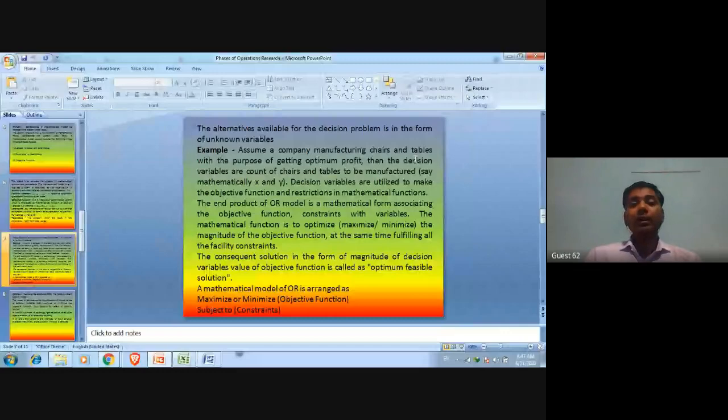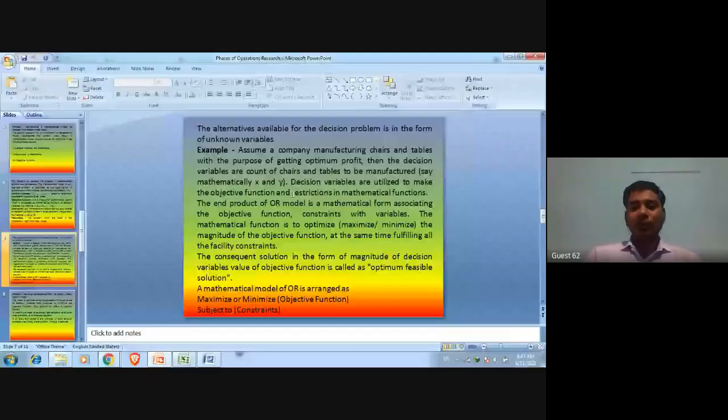I think I have also told you this example somewhere. The decision variables are the count of chairs and tables to be manufactured, say mathematically x and y. Suppose x is the number of chairs and y is the number of tables.